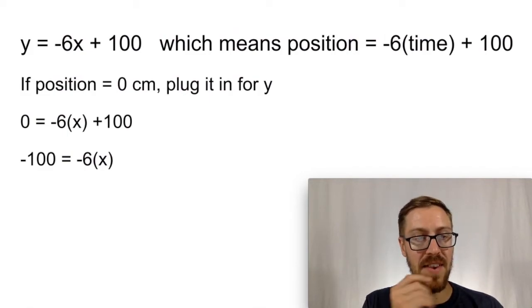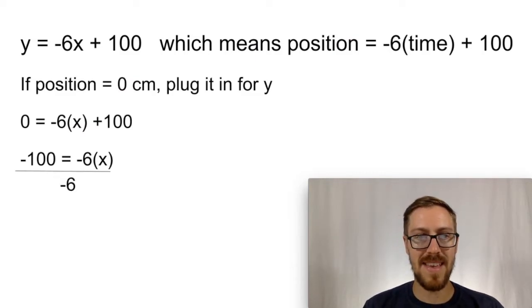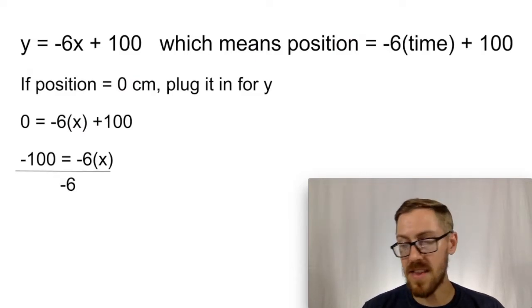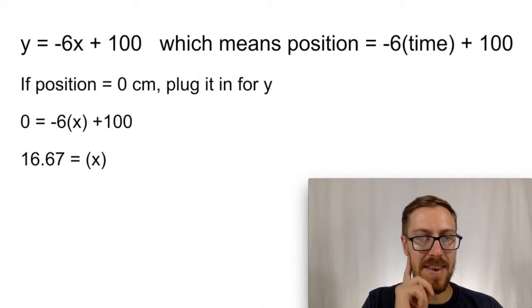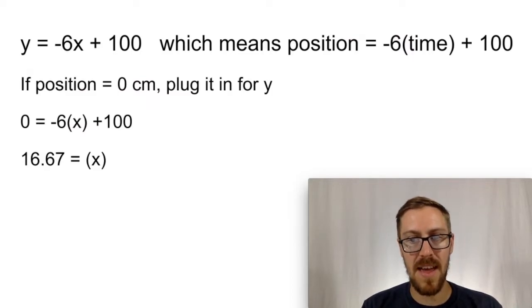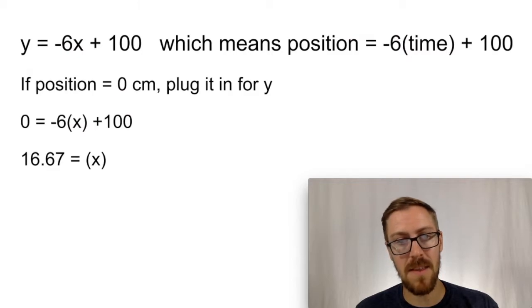Then, to get the negative 6 off, I divide both sides by negative 6. And that's going to leave my x alone. Negative 100 divided by negative 6 equals 16.67. And again, that's a good number, but it's not an answer until it has a unit, seconds.